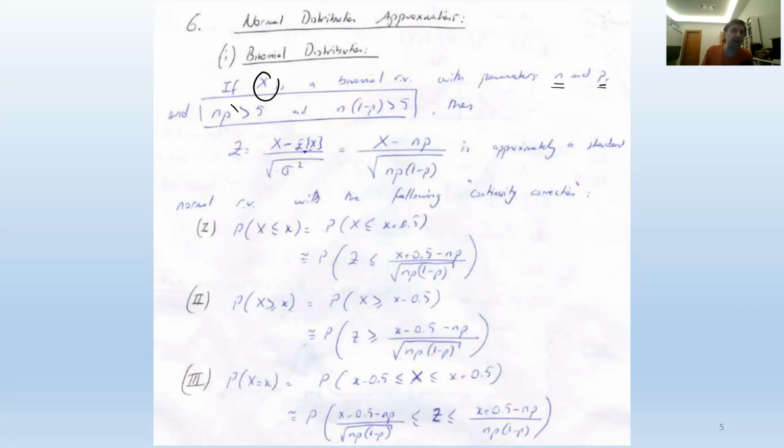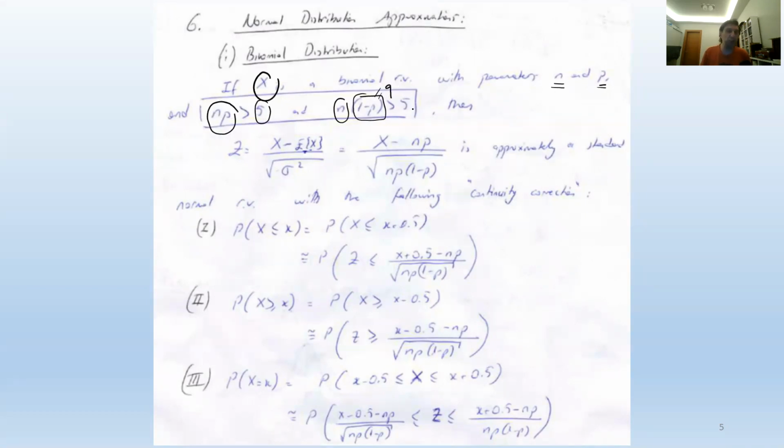If the expected value of x, which is equal to number of trials multiplied by p, is greater than 5, and this is the expected number of successes, and n times q, where q equals 1 minus p is the failure probability, is the expected number of failures.